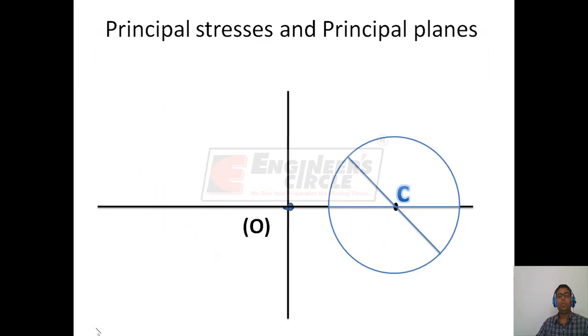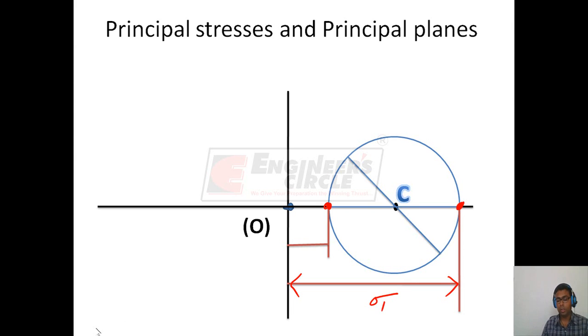Now we will see how to find principal stresses and principal planes from Mohr's circle. Principal stresses are the maximum and minimum normal stresses at a point. On the Mohr's circle, it is clear that this plane is having the maximum normal stress because the x-axis represents the normal stresses. Therefore, the normal stress on this plane is sigma 1, and this plane can be seen to be representing the minimum normal stress.